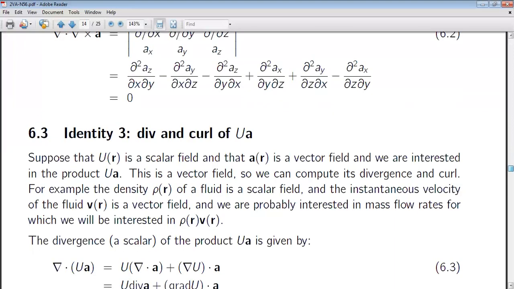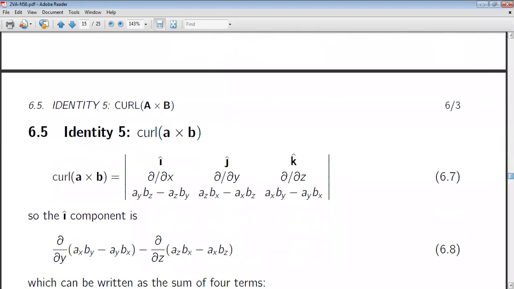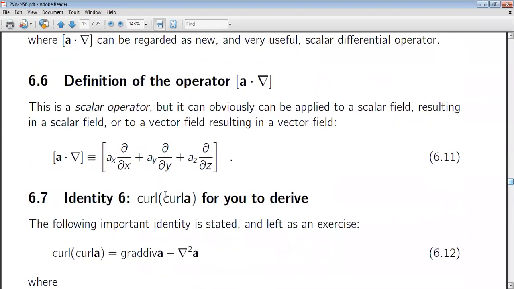और थोड़ा दो तीन identities हैं, but yeah, this one is again important. Identity number 6 is again important. This should be discussed in the next class.